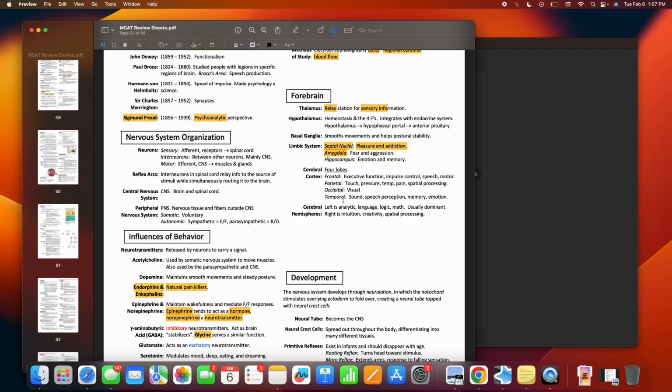So touch, pressure, temperature, pain, and spatial processing is not with temporal, it's with parietal. It's on the top of your brain. On the sides, it's mainly close to the ear, which is for our sound, speech, and what you hear, and what you instill in your memory. So it's related to memory.